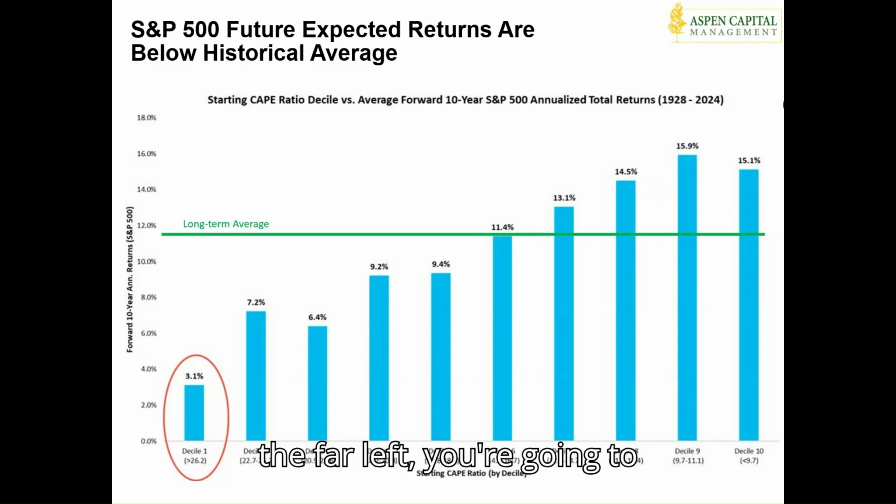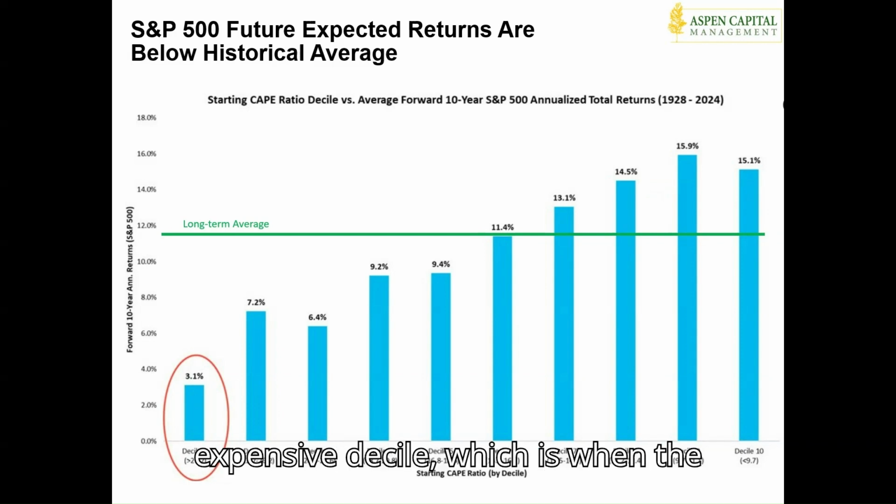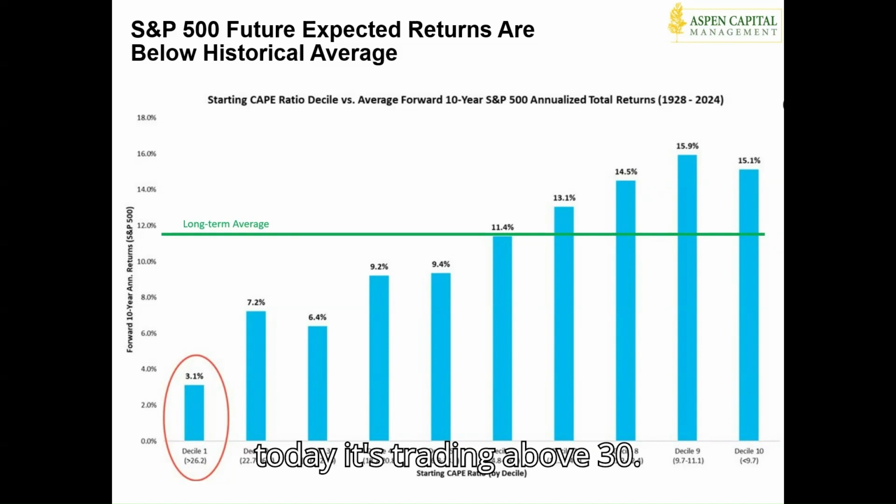And then on the far left, you're going to see what is historically the most expensive decile, which is when the US market's trading at a price to earnings ratio above 26. Okay, today it's trading above 30.